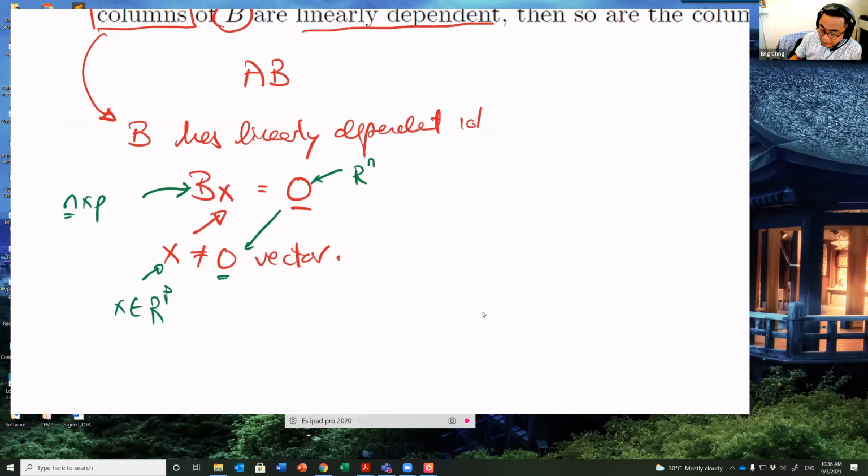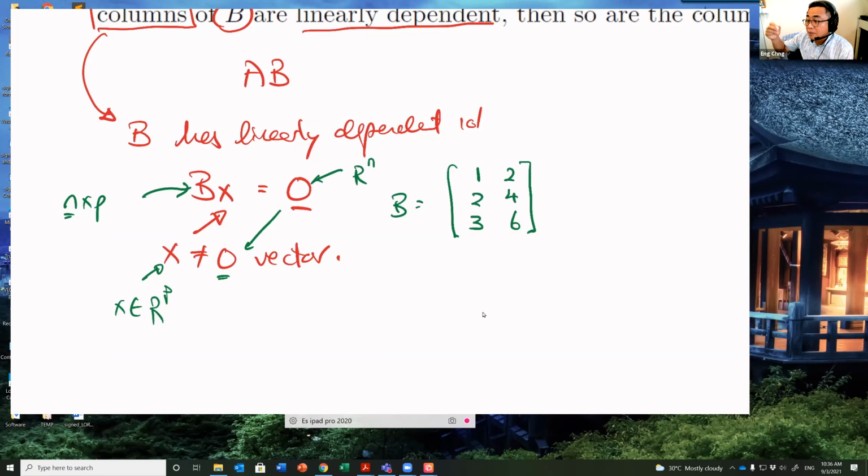All right, maybe let's have a concrete example. 1, 2, 3. Let's have a dependent column of B. If I want to have a dependent column of B, it's very easy. The easiest one I can think of is multiply by 2. So the first column and the second column are dependent.